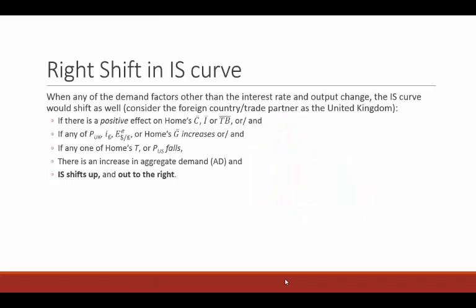The IS curve will shift to the right when any of the demand factors other than the home interest rate and output change. Listed here are those specific changes that will cause the IS curve to shift up and out to the right. The result is that output increases at the same level of the interest rate.